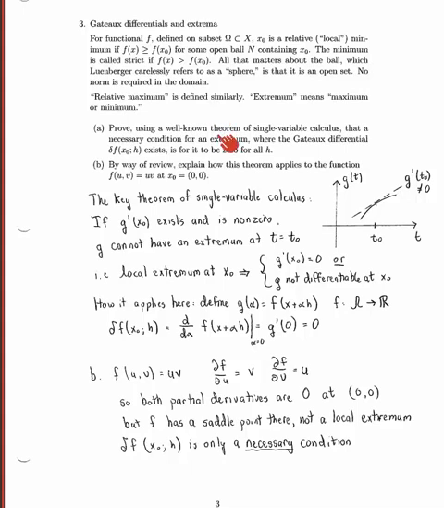So, what I want to prove for you is that a necessary, though not sufficient, condition for an extremum is that if the Gateaux differential exists, it has to be 0 for all vectors h. Let me remind you of the key theorem of single variable calculus.